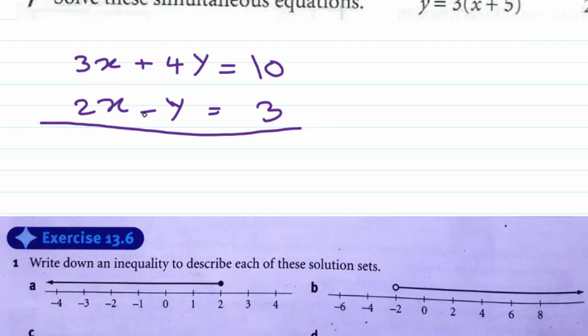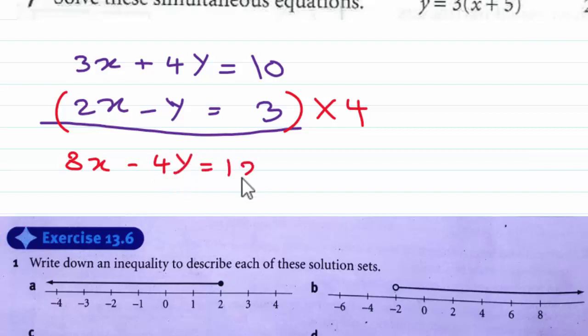If we multiply the second one by 4, simply we will have negative 4y here. Multiply the second equation by 4 and see, 2x times 4 will be 8x minus 4y equals 12.